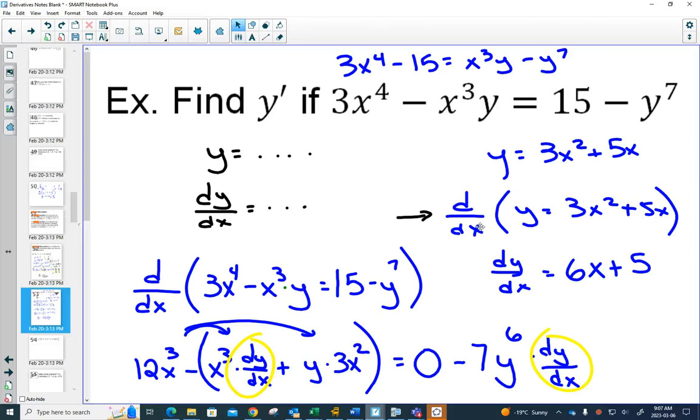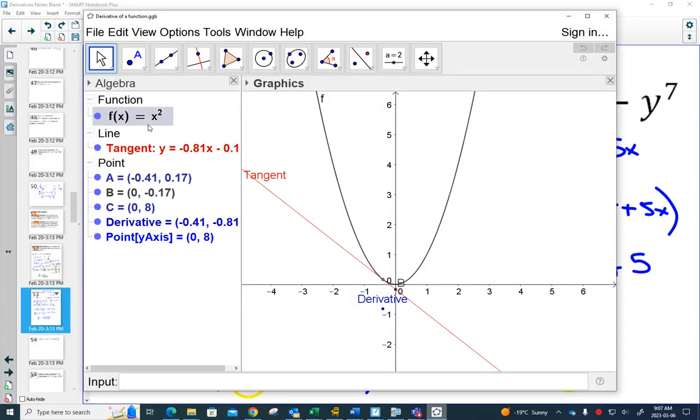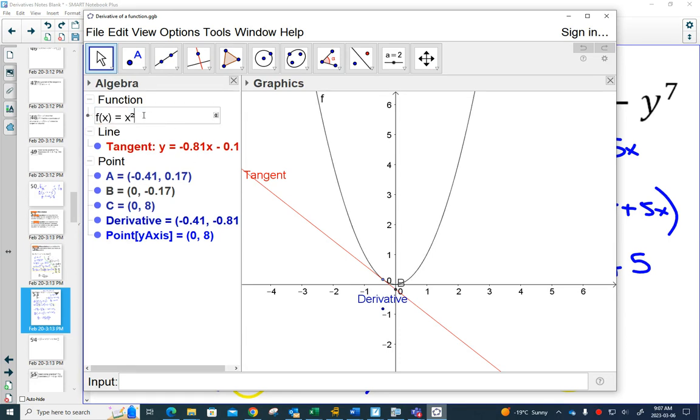I'm going to see if I can look at what the derivative looks like. What? It didn't like it? Maybe this program.